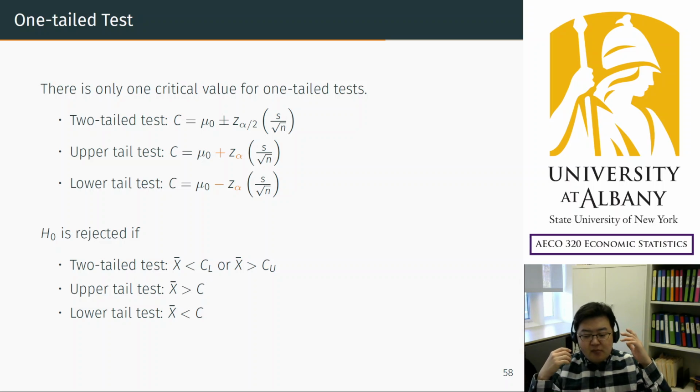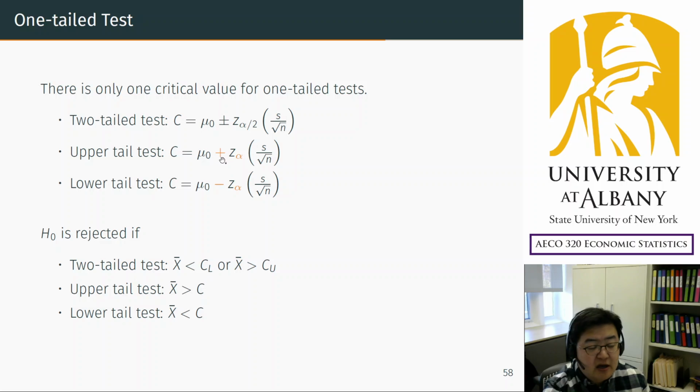So you put margin of error on that side. But the other side, simply the margin of error is kind of infinity. I don't mind. Right? So same, lower tail test has negative. Upper tail test has positive margin of error.